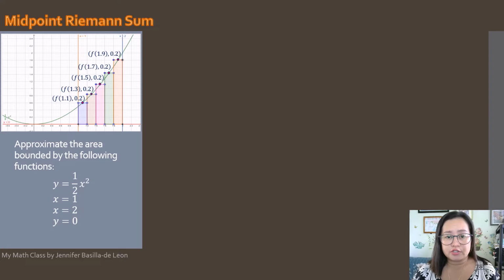To get the total area, we have to get the sum of the areas of the rectangles. So we can just multiply the width times the sum of the lengths of the rectangles.